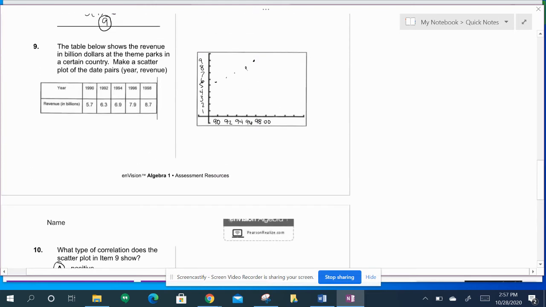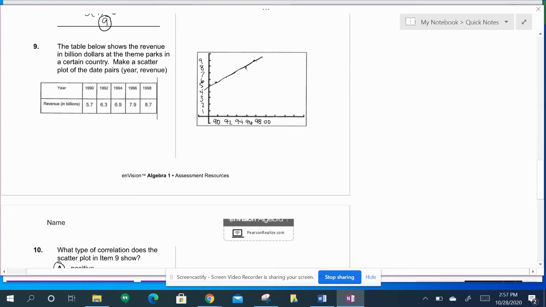And so my trend line, remember, we want to draw a straight line and we want it to go through as many dots or follow the dots as well as we can. And so in this case, I'm just going to go ahead and draw to the best of my ability. And then when it says write an equation, remember we need to find 2 points.